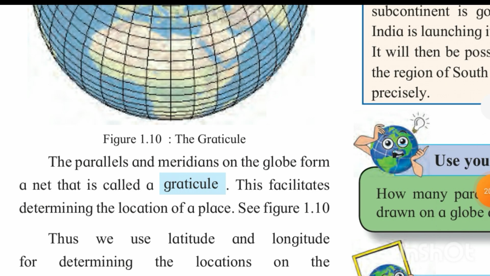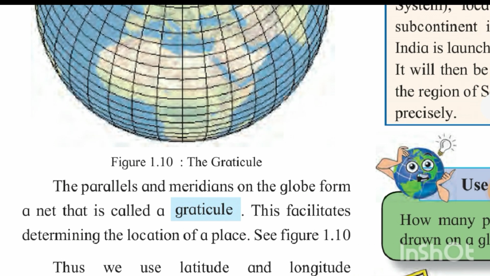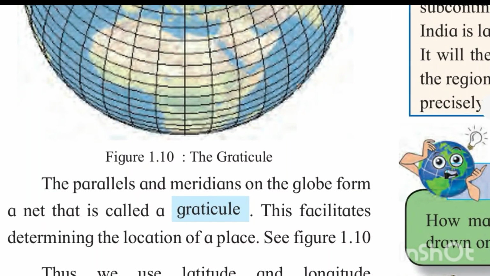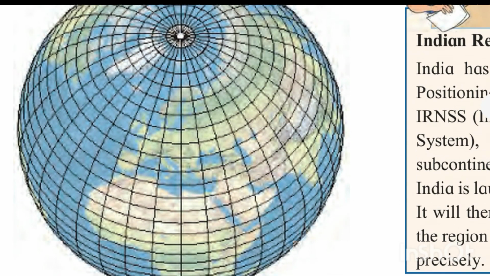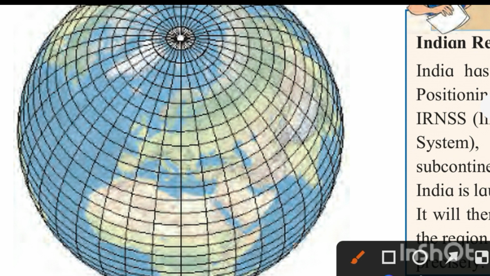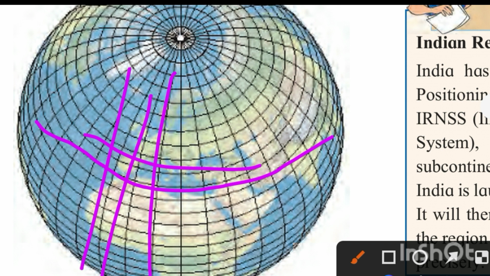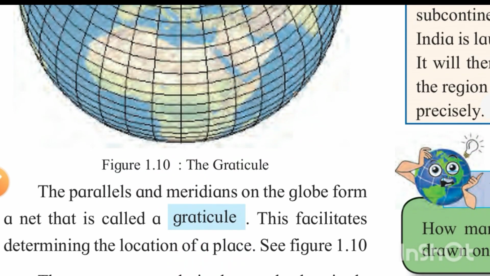The parallels and meridians on the globe form a net that is called a graticule. This facilitates determining the location of a place. The semicircles, which are longitudes, and the parallels, which you can also call latitudes, form a net, and this net is called a graticule.